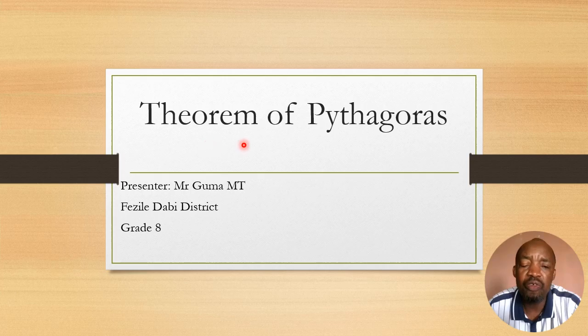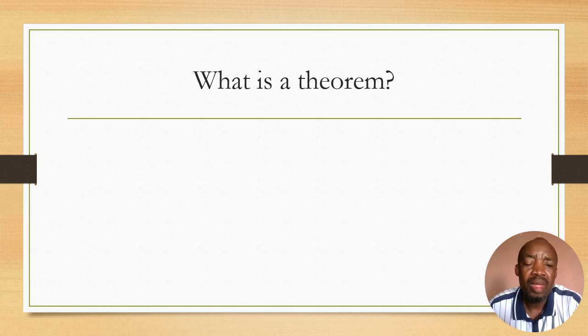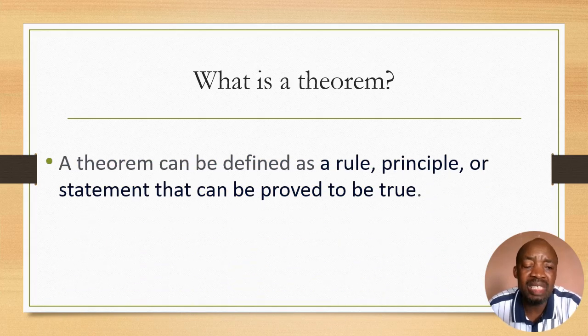Now, before we do the Theorem of Pythagoras, I want you to understand that term there. The first part, the theorem. What is a theorem? A theorem is defined as a rule, principle, or a statement that can be proved to be true.